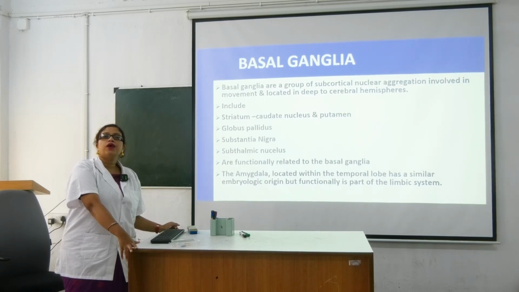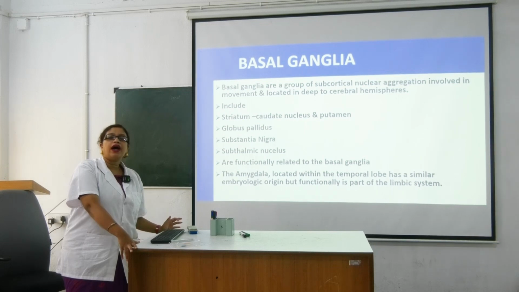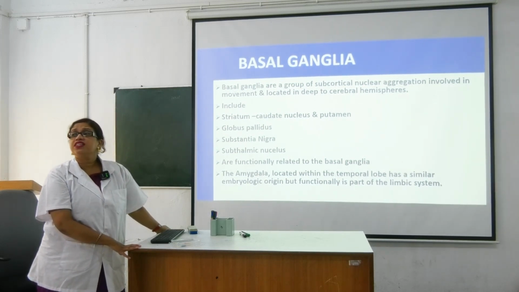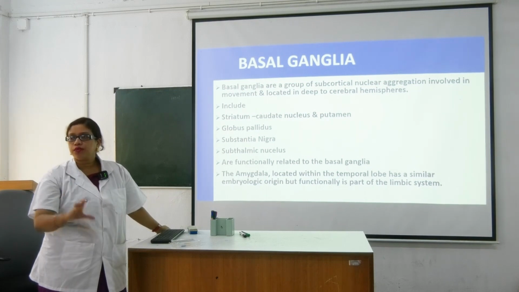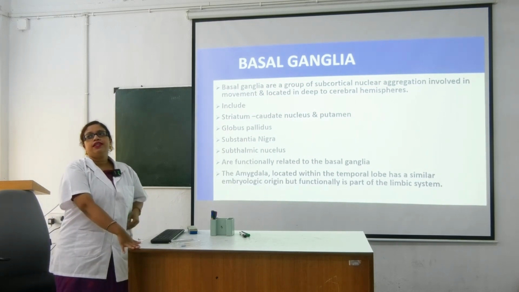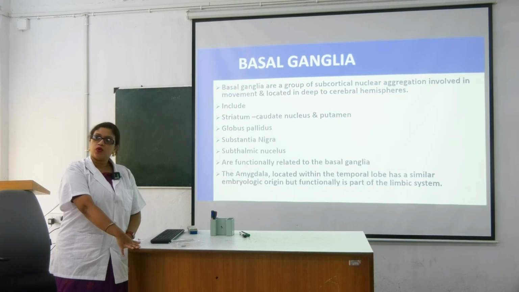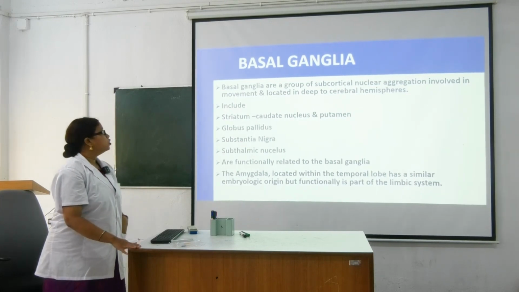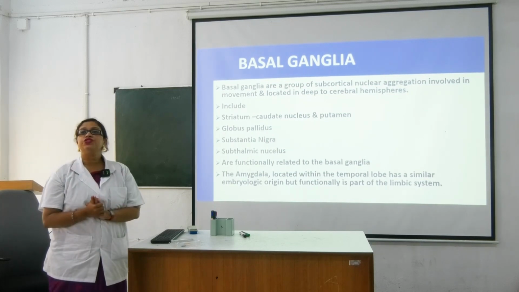Then the last one is archistriatum. So which is the oldest structure among them? That is the archistriatum. And which is the newest structure? Neostriatum. Okay, so the third one is substantia nigra.